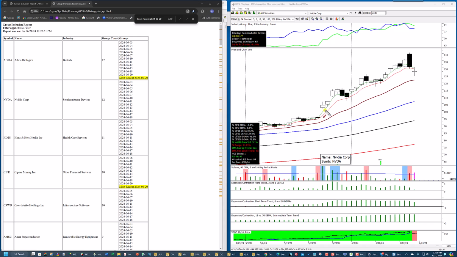Now, after the split, of course, there are many recommendations that came into it, but this is kind of squashed down here. It's hard to see, but this would be a low pivot after this, and when this was taken out, well, probably at the gap here, that was a buy signal.